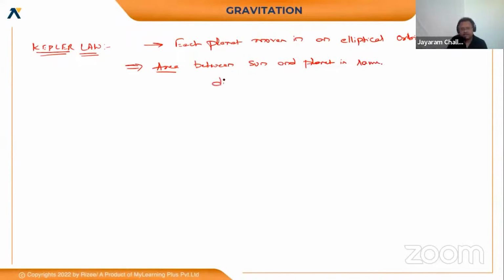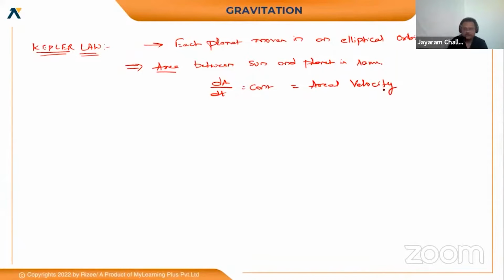That means dA by dt is equal to a constant. dA by dt is called the areal velocity.